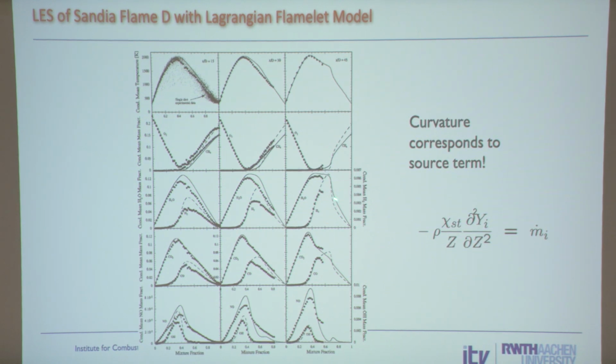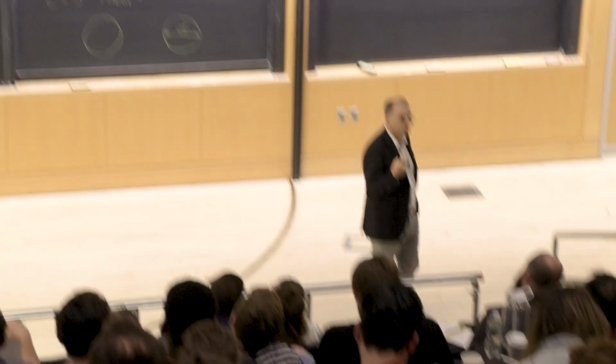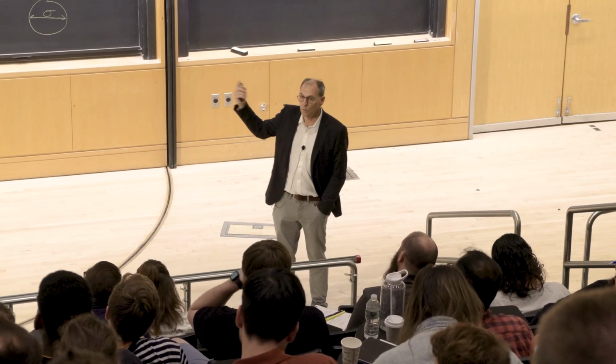And same here for all these others. CO2 is not produced in this region, right? Because the curvature is 0, the chemical source term is 0. All the CO2 is produced in this region where the curvature is negative, meaning the chemical source term is positive. Okay? So that's a really useful trick to understand.